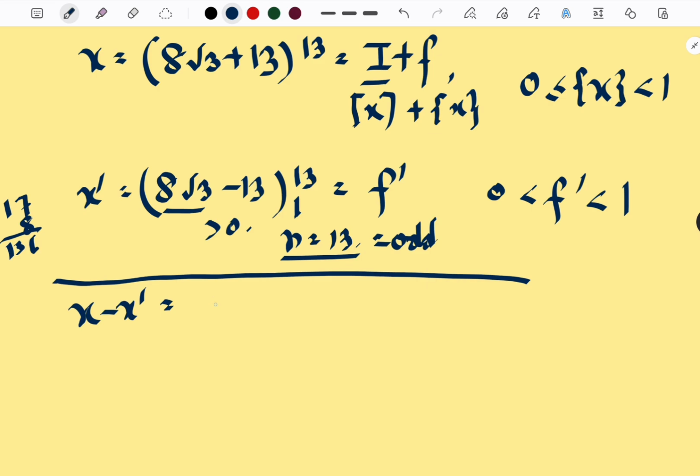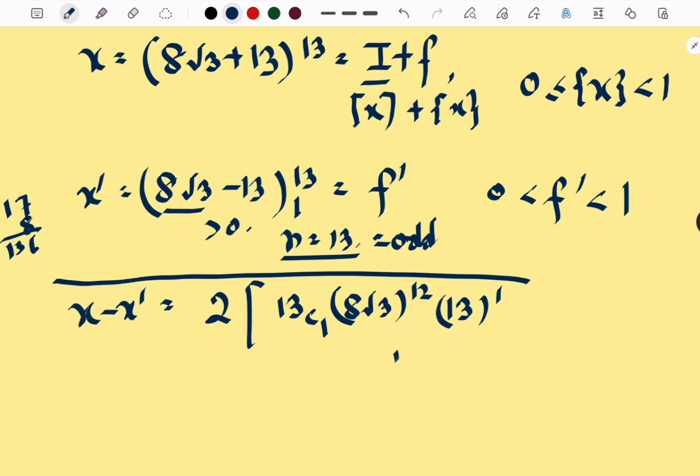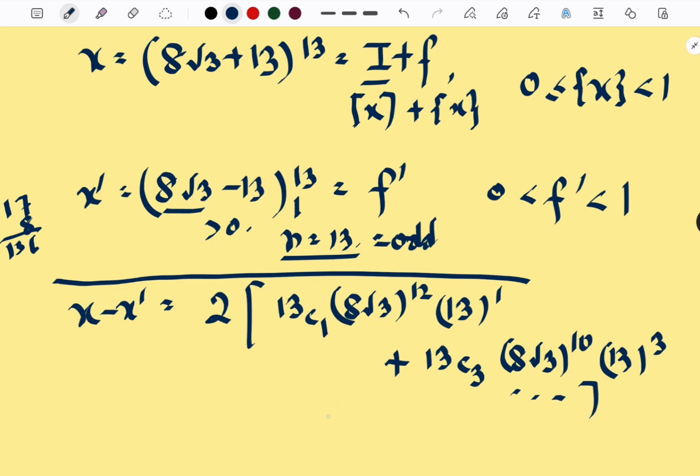I will get twice of 13C1 (8√3)^12 · 13^1, plus 13C3 (8√3)^10 · 13^3, and so on.